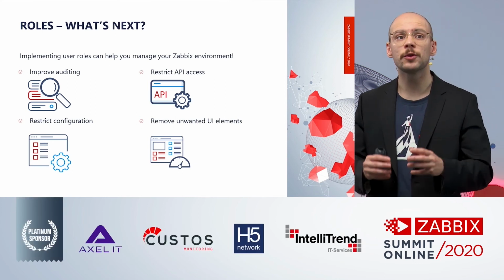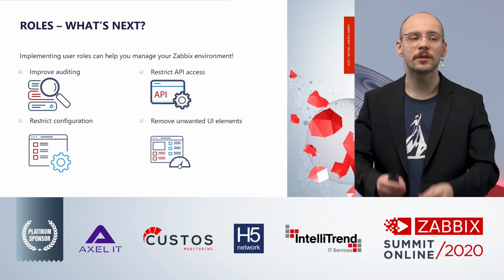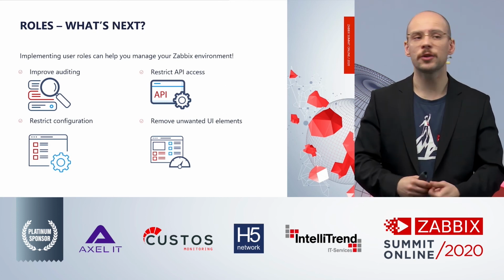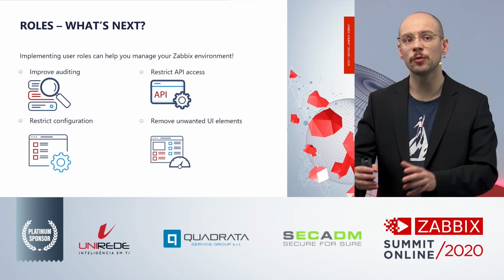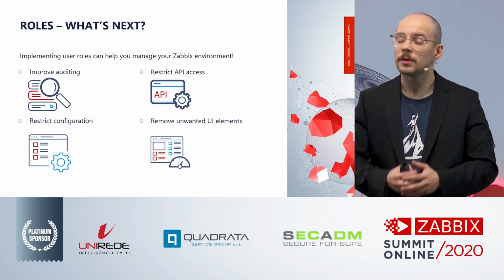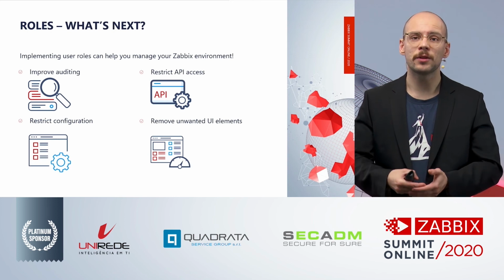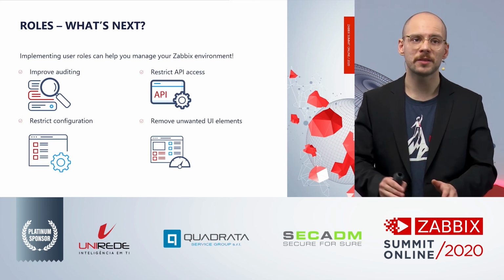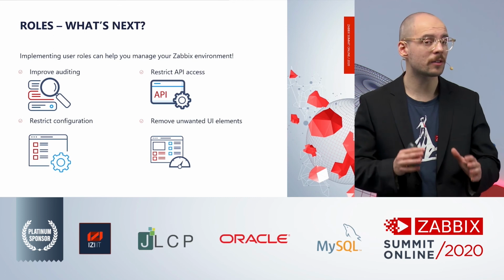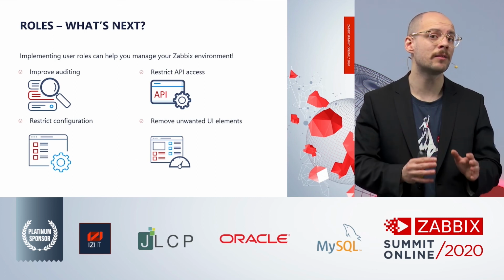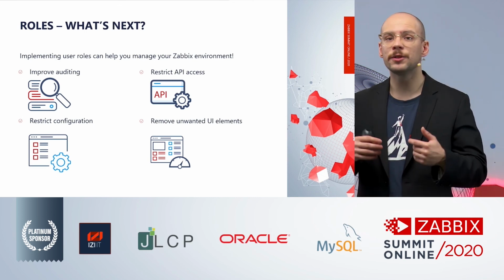We can restrict which user can do what actions, has access to specific configuration sections. Remember the example with the custom super admin role. So this also helps you with auditing, helps you with security, and potentially just makes your Zabbix instance much less messy because people have access only to the things that they need to have access to. And then, of course, UX.